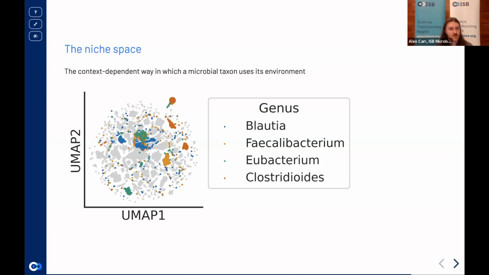This is true for the Eubacterium as well, and for a couple of the others. This would suggest that Clostridioides in this case has a few different metabolic strategies that it might leverage, or different niches that it can occupy. We'll take a look at this in the context of our samples and see if we can pull out any interesting observations.